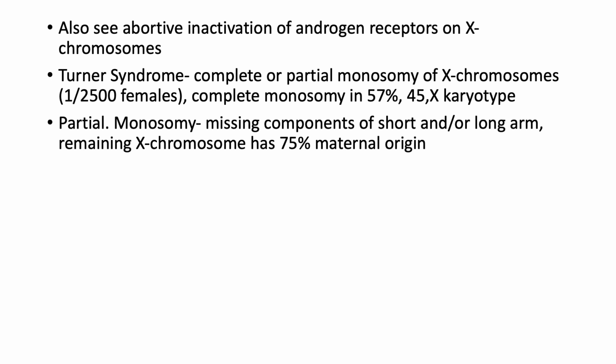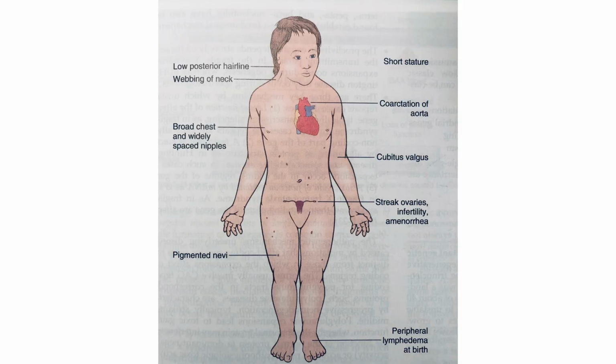Turner syndrome is complete or partial monosomy of X chromosomes occurring in one of 2,500 females, complete monosomy in 57%, and this is a 45,X karyotype. With partial manifestation, a monosomy, you miss components of the short and or long arm of the chromosome. The remaining X chromosome has a 75% maternal origin. And this is Turner syndrome.